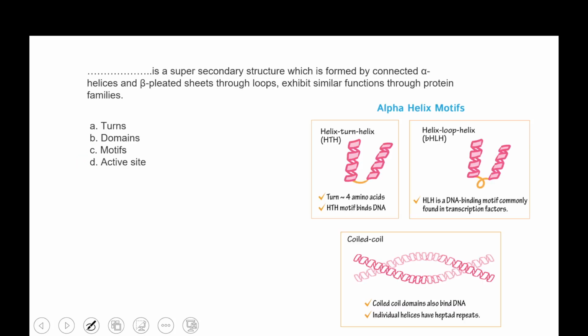So the blank is the super secondary structure, which is formed by connected alpha helices and beta pleated sheets through loops, exhibiting similar function through the protein. As I said, this helix turn helix, if this structure is present in any protein, has some particular function but cannot function independently, so that is what a motif is.